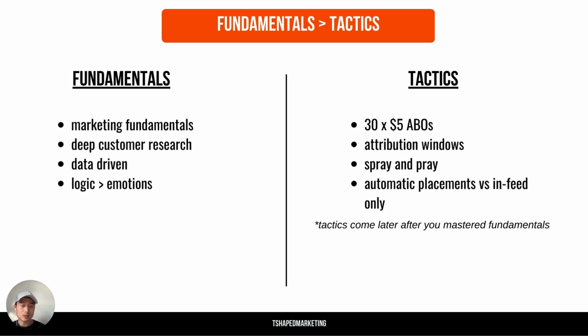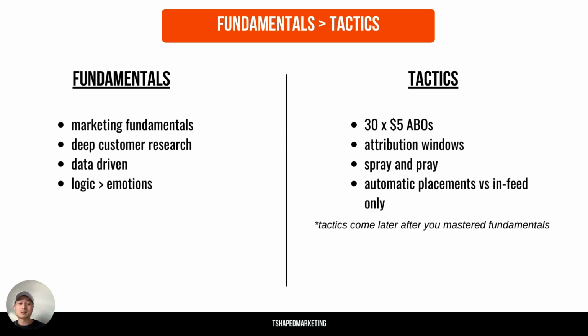And tactics such as some people launch $35 ABOs, tweak around attribution windows, spray and pray creatives. They test a GIF, they test a static, a video with no purpose behind it. They have tactics like going for automatic placements versus in-feed only.